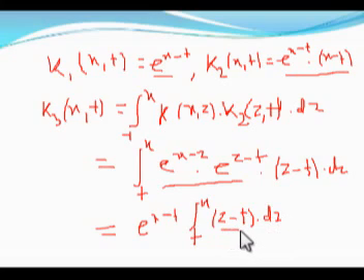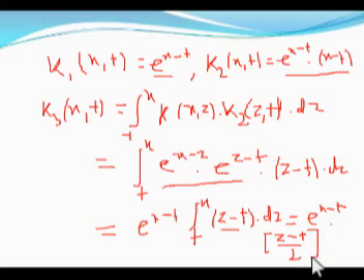This is very easy to integrate. It will be equal to e to the power x minus t into z minus t whole square by 2, from t to x.